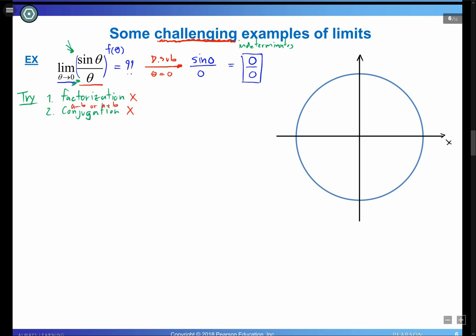What about we try trigonometry properties? We know all these properties. Maybe we can change some terms. We can transform, and maybe get some simple terms, maybe some cancellation to make it work. Okay, let's try trig properties.